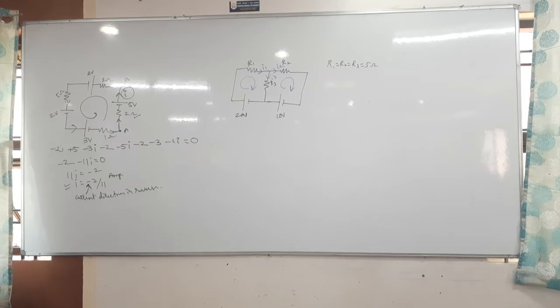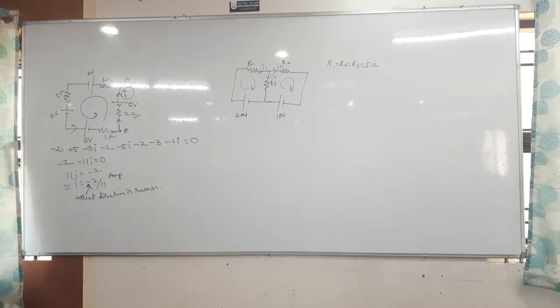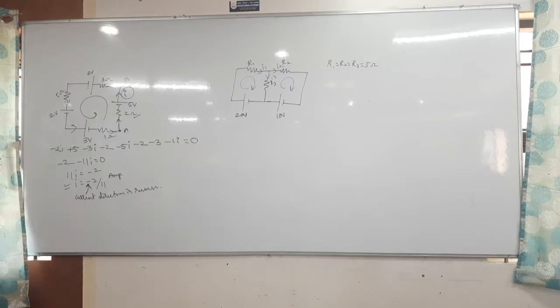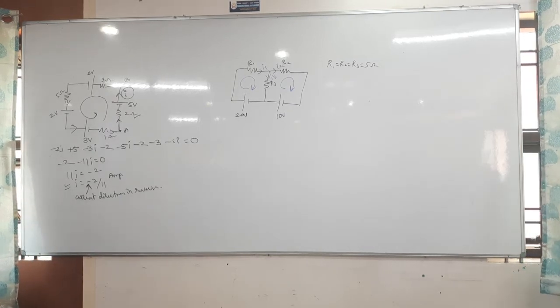I1 is 6, then 0. What are the answers you got? No, wrong answers.